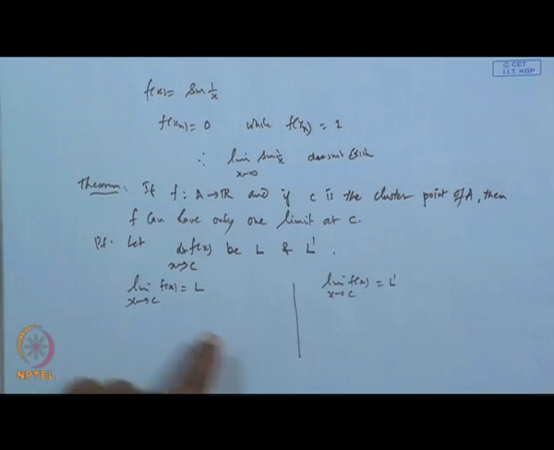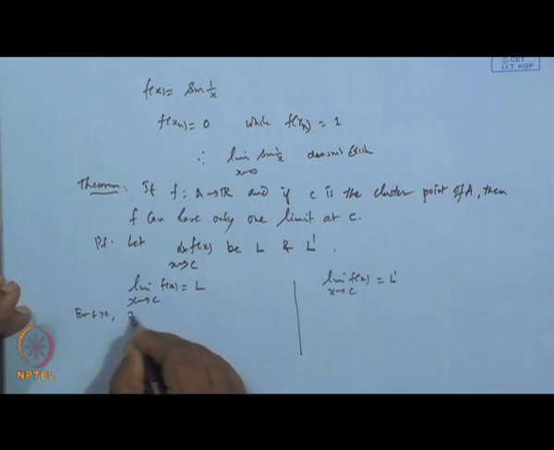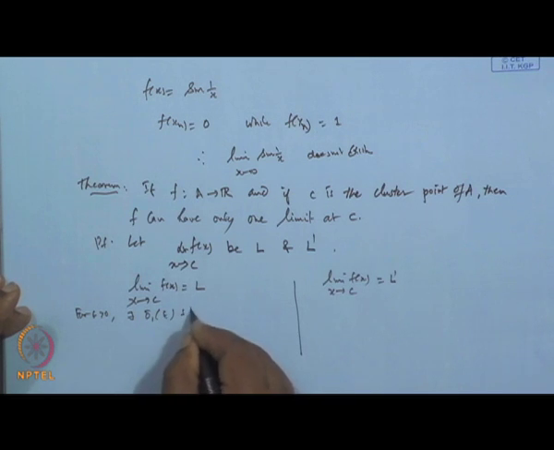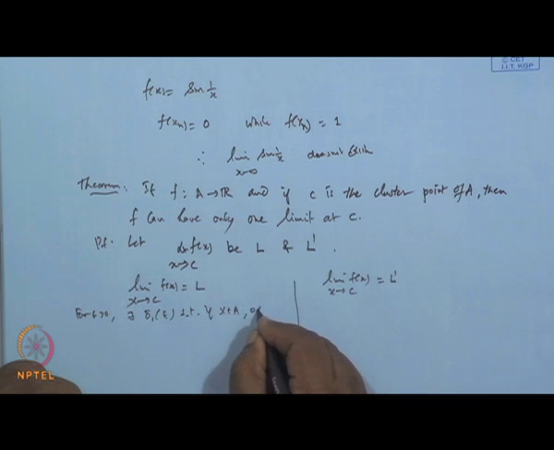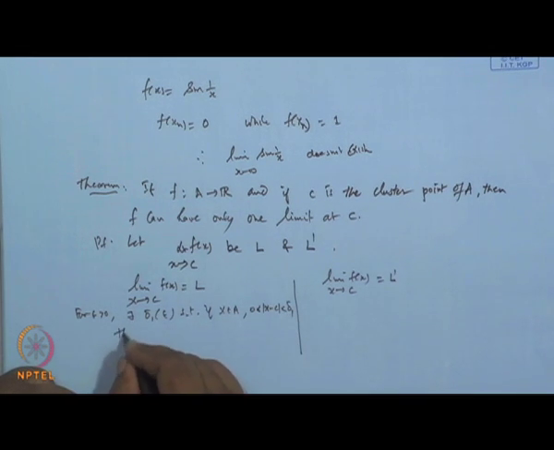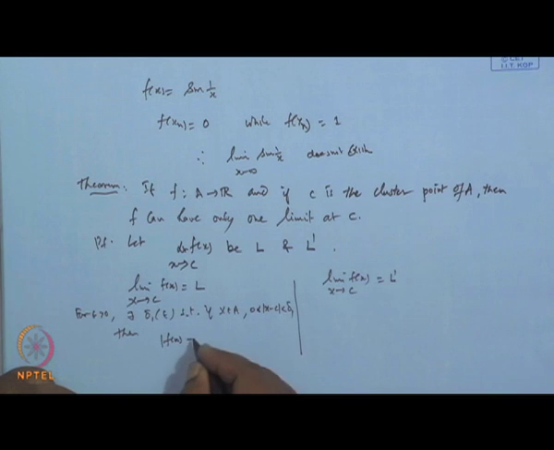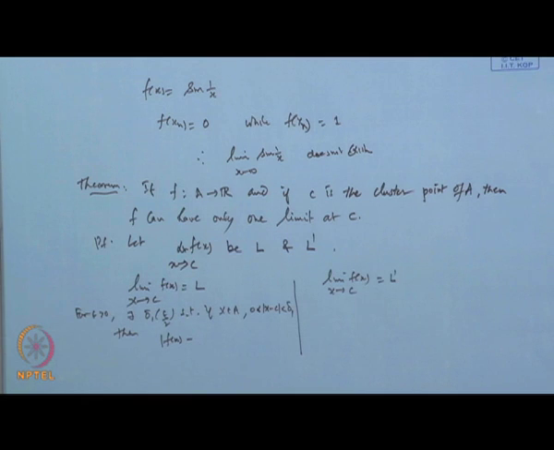Now apply the definition. For a given epsilon greater than 0, there exists a delta 1 depending on epsilon by 2 such that if x belongs to A and 0 is less than mod x minus C less than delta 1, then mod of f x minus L is less than epsilon by 2.